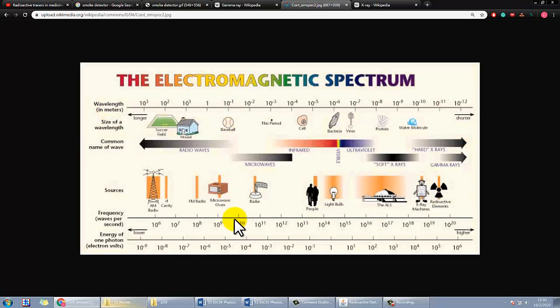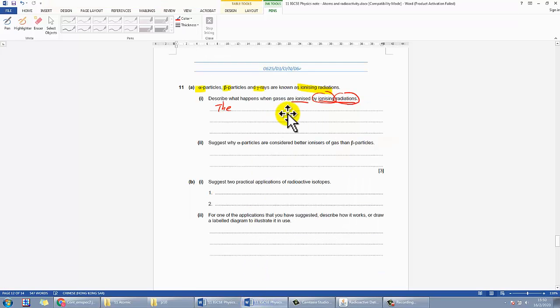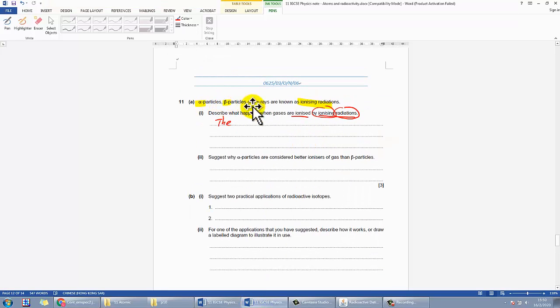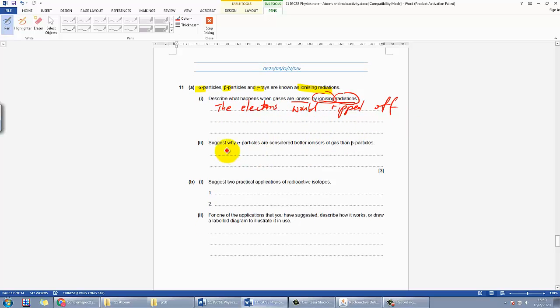But when we talk about chapter 11, we talk about alpha, beta, gamma. These are ionizing radiation. That means they are able to ionize stuff, and that actually means the electrons would be ripped off from the atom itself. So this is the idea of ionizing.